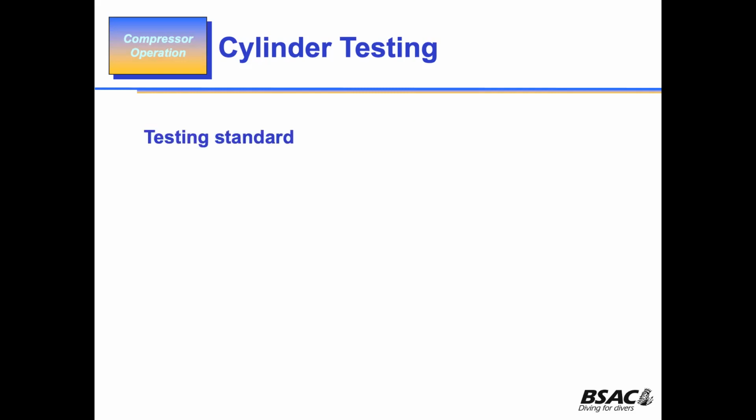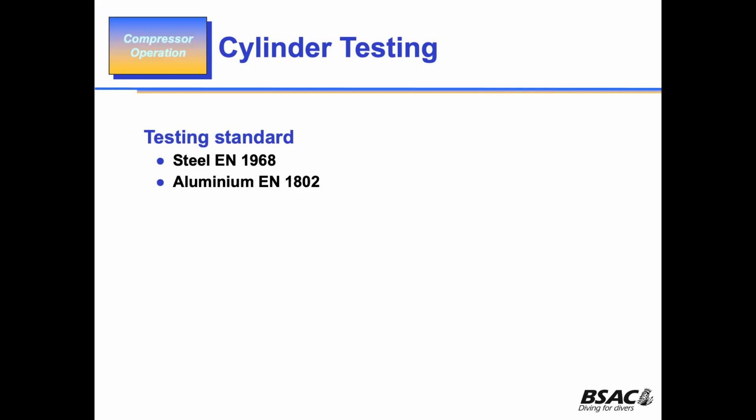So anyhow, let's go back onto the test standard. For steel, the test standard is EN 1968. You could call these up and see what you need to see on them. Aluminium is EN 1802.